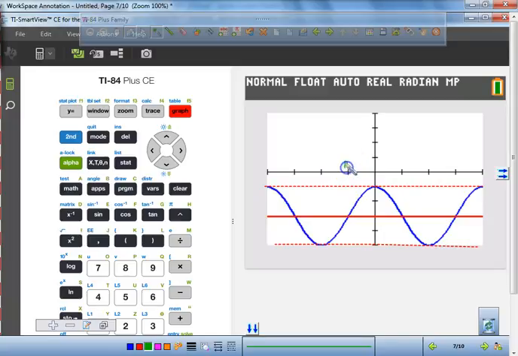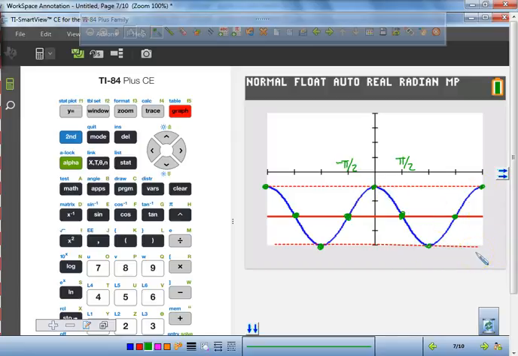This right here is at negative pi over 2. Make sure you put a point right there. Make sure you put another point right here at positive pi over 2. Over here at 3 pi over 2, put a point. Over here at negative 3 pi over 2, put a point. So I'm looking for all of these points on the midline, plus the highest point and the lowest point. This is what I'm going to be looking for on your paper.